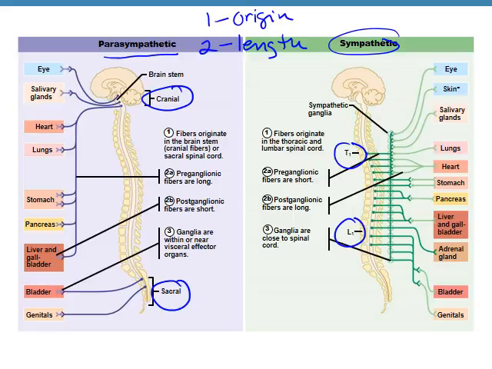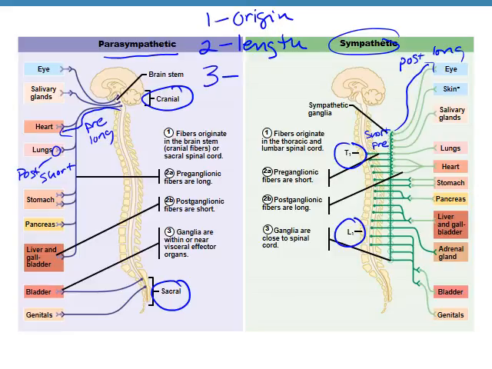Do you notice that in the para, we have the pre's that are long and the posts which are short. For the sympathetic, we have pre's that are short and the posts are long.